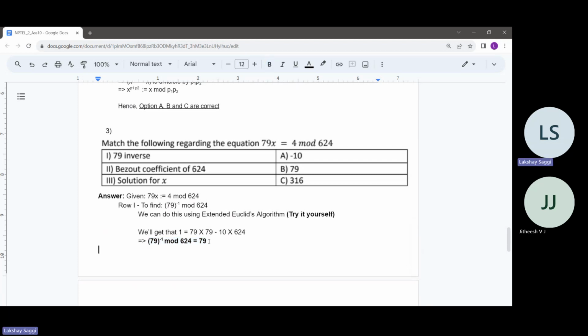And for row 2, we need to find the Bezout coefficient of 624. As you can see here, the Bezout coefficient was minus 10. Now let's match row 3.